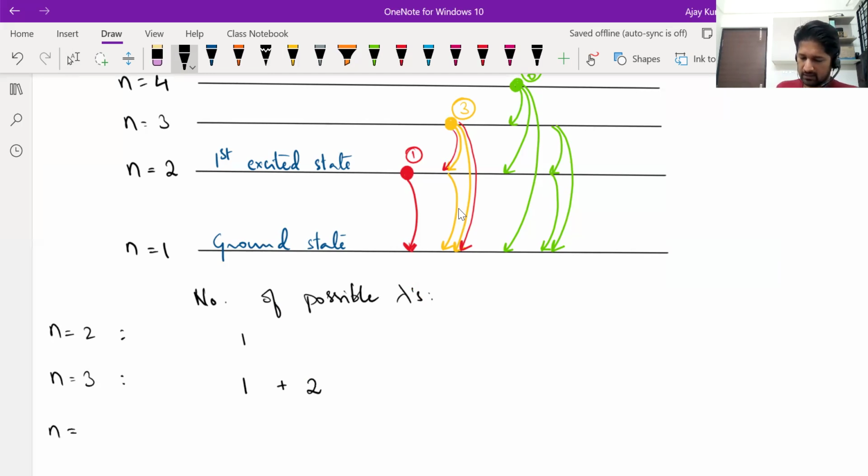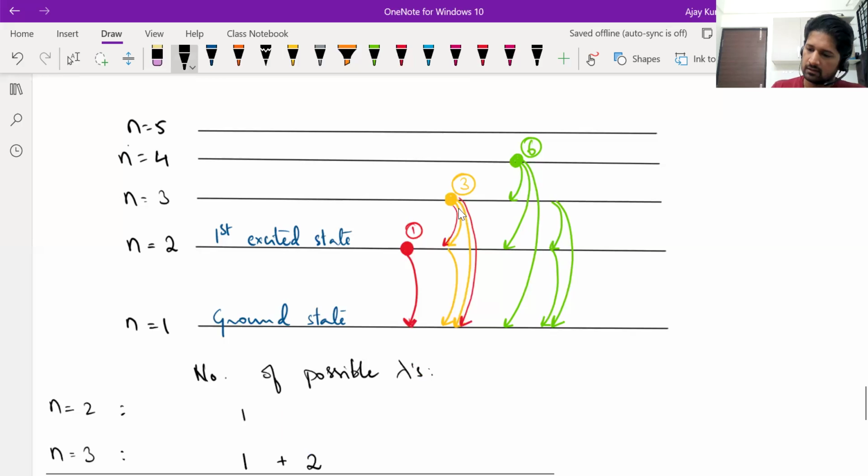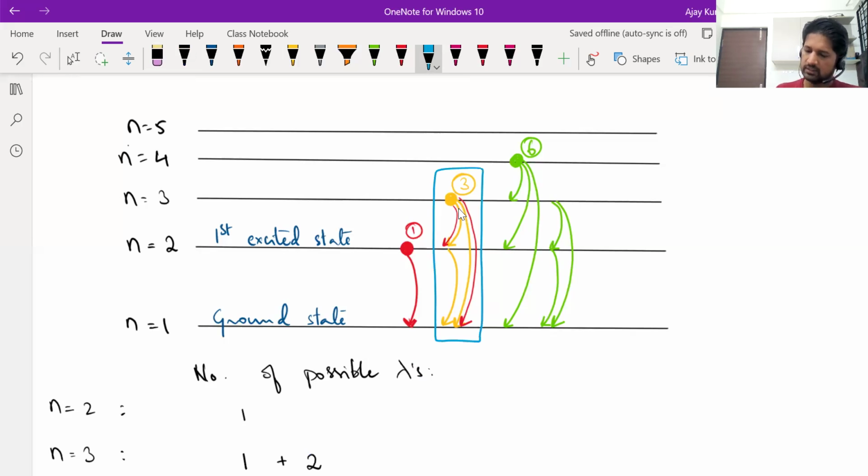Next, if it is initially in the orbit number n equal to 4. Now see, while jumping from the third orbit, 3 different wavelengths are possible. That set of 3 different wavelengths is included while jumping from the fourth orbit also. In addition, you get another 3 wavelengths. Okay, 4 to 3, 4 to 2, 4 to 1.